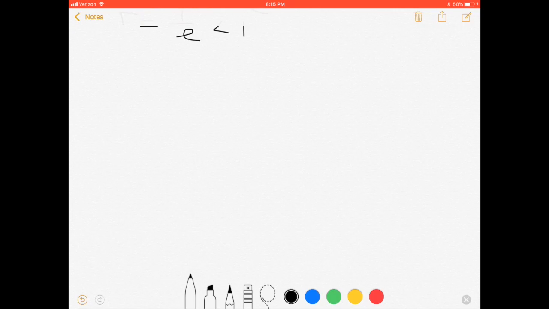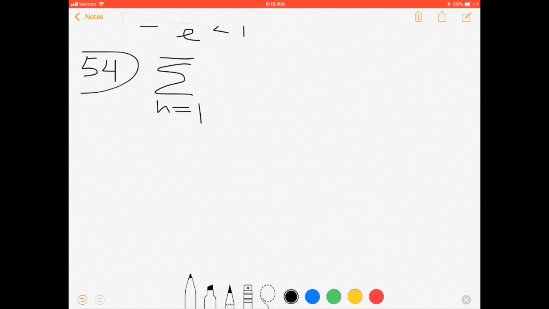Now I think this last example for this section is question 54. Starting with n from 1 to infinity, natural log of n plus 1 over n.